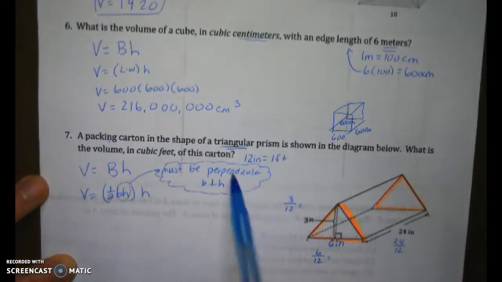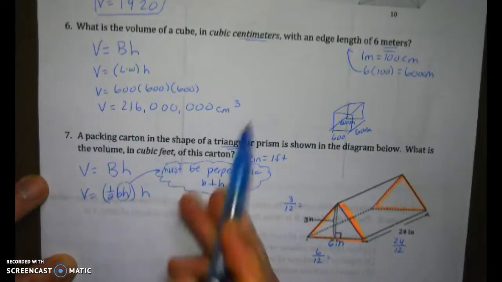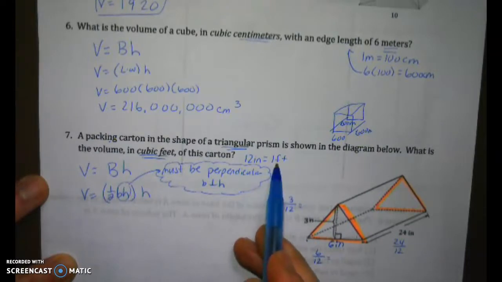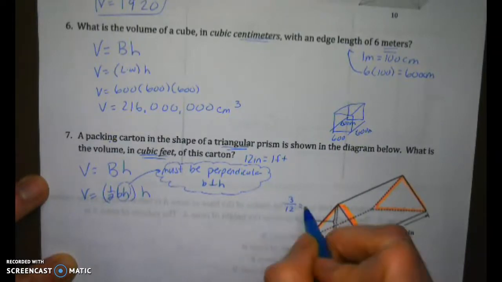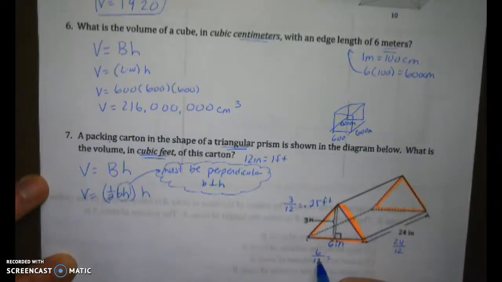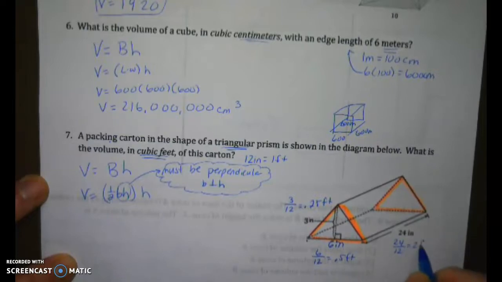Okay, so the first thing that we needed to show here was this is all in inches, but they want our final answer in cubic feet. So we remember that there is 12 inches in 1 foot, so 3 divided by 12, we're going to get 0.25 feet. 6 divided by 12 is 0.5 feet, and 24 divided by 12 is 2 feet.